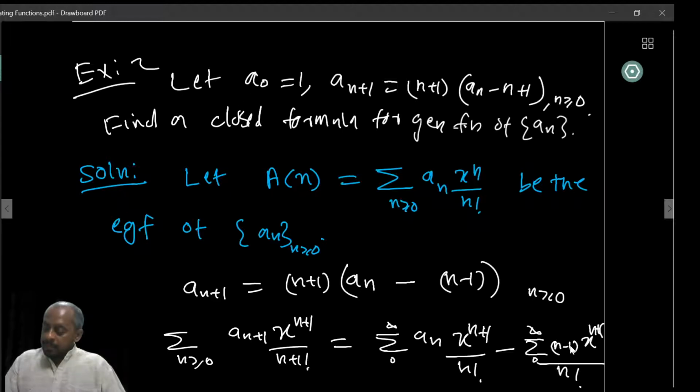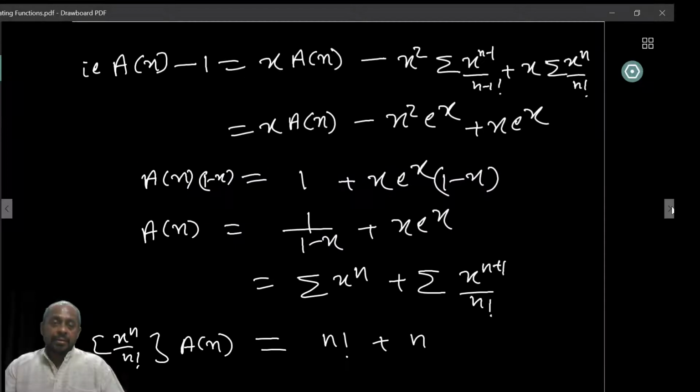Now here you can split, because you have n by n factorial and then 1 by n factorial. So on the left hand side, you are looking from a_(n+1) onwards. The first term is missing, so we'll have A(x) minus the first term, which is 1.